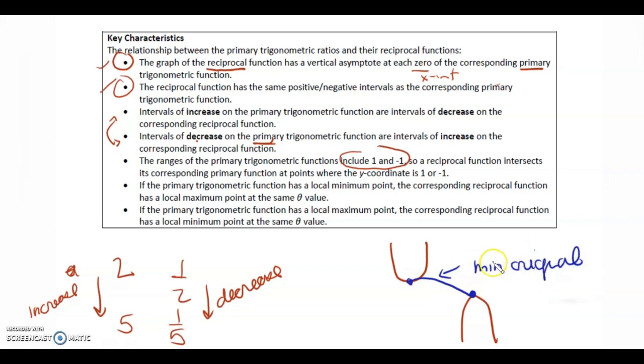This would be like a maximum for the original, but it would be a minimum for the reciprocal. Okay, and vice versa. Okay, if the primary, so the original, has a local maximum, then the reciprocal is going to have a local minimum.